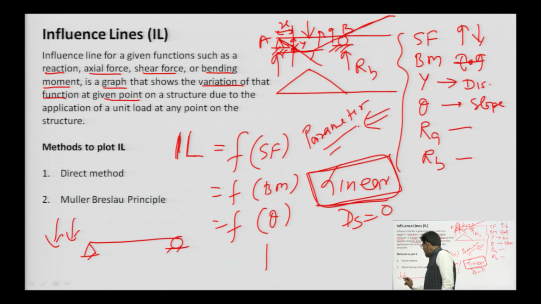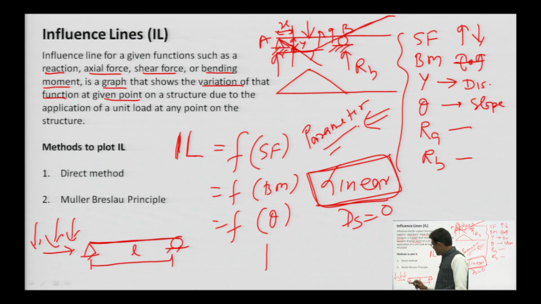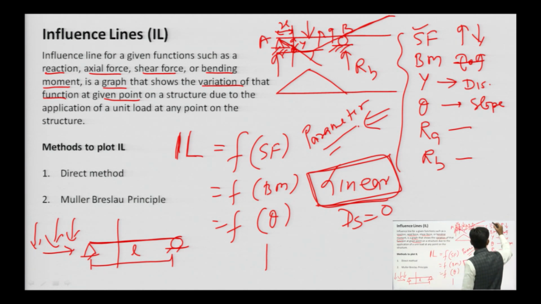Say a series of concentrated loads are crossing this beam of span L. What should be the position of these loads over the beam so that we get the maximum value of any of these parameters, such as shear force or bending moment?